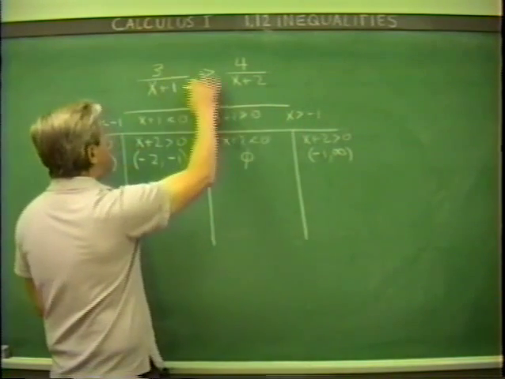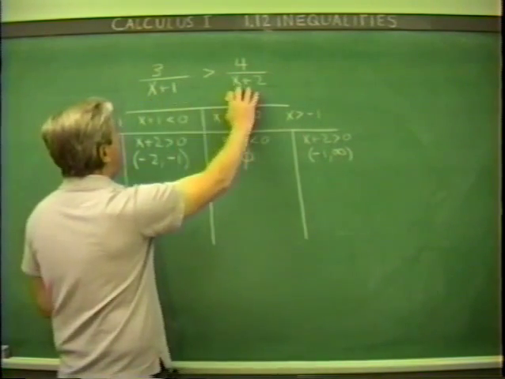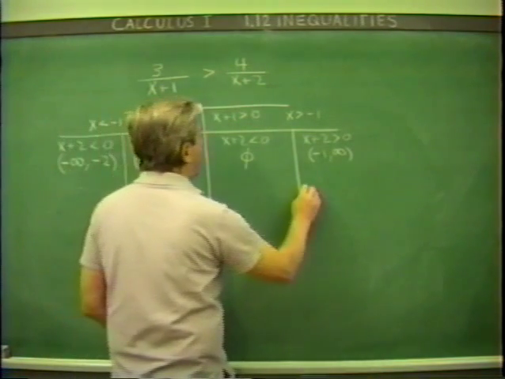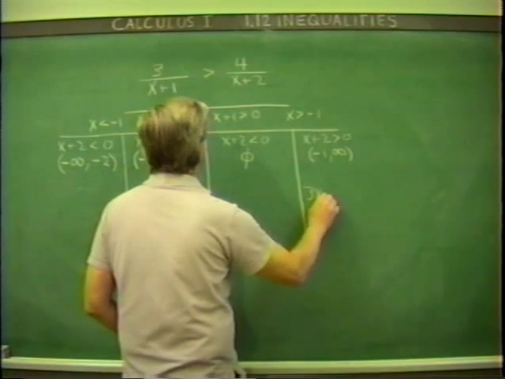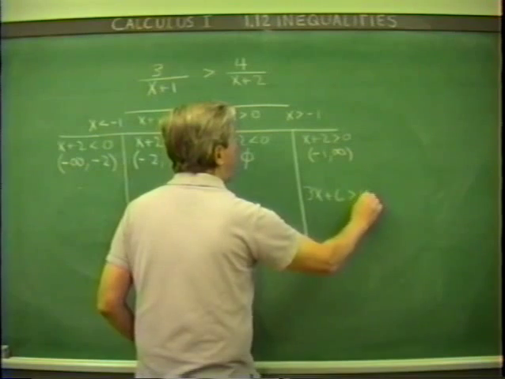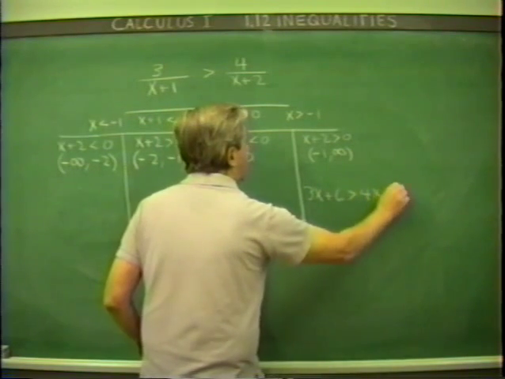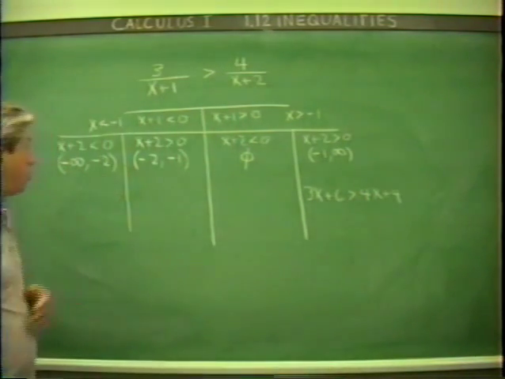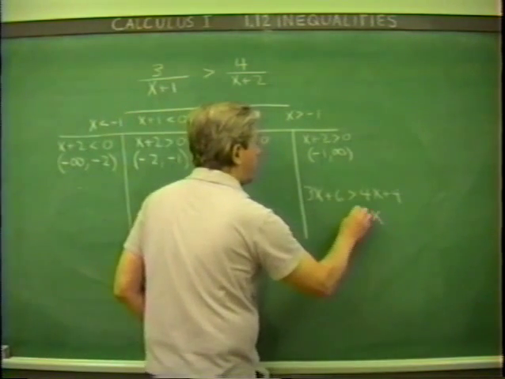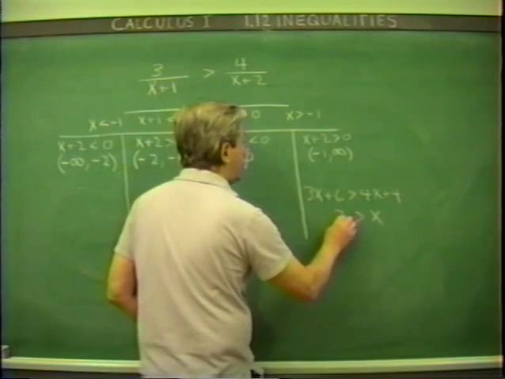If x plus 2 is larger than 0, and x plus 1 is larger than 0, then when we multiply both sides by x plus 1 and x plus 2, the inequality doesn't change at all, so that we get 3x plus 6 larger than 4x plus 4.